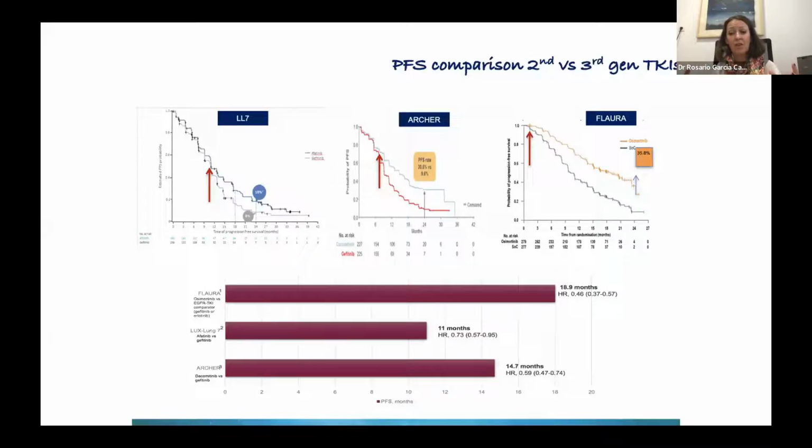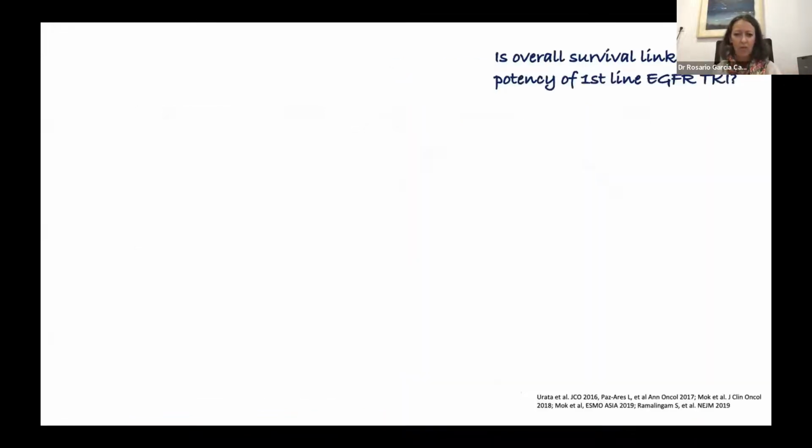The improvement in the FLAURA trial comes from the very beginning, while in the LUX-Lung 7 and ARCHER trials, it comes after around 6-8 months. We shouldn't forget that in the ARCHER trial, patients with brain metastases were not allowed. So again, the trials are different, the drugs are different, and these are the results we have so far.